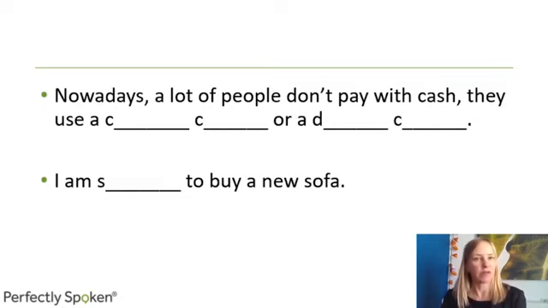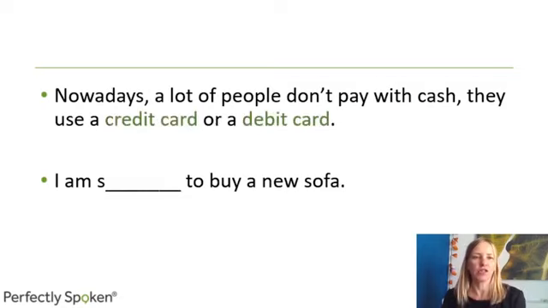Okay, so nowadays a lot of people don't pay with cash. They use a credit card or a debit card. Okay, so credit card, the money is on credit and you pay interest. And a debit card, the money comes directly from your account. So for example, I use Visa Electron.